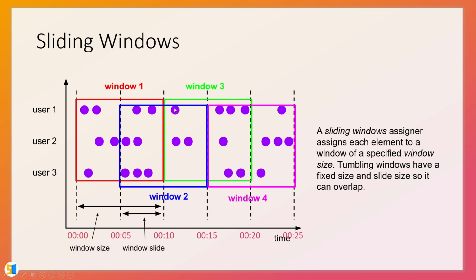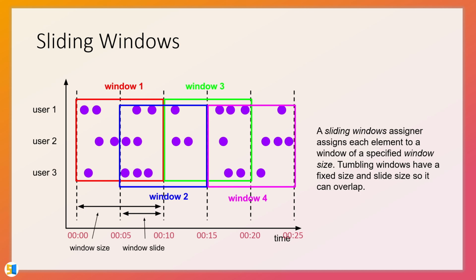The next is sliding windows. It's an assigner that assigns each element to a window of a specified window size. Similar to the previous assigner, tumbling, this one also has a fixed window size, but it also has a slide size, so it can overlap.